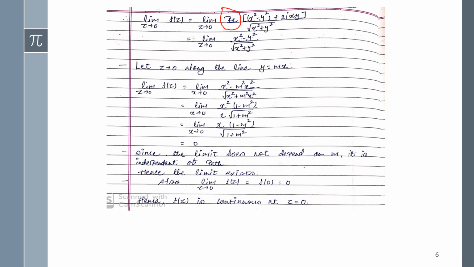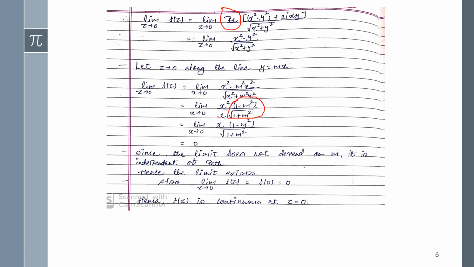And now here you can see that from the numerator x square will be common and from the denominator x will be common, right? Because here it's given a root of the whole function. So if we take it out of the root, then it will be x only. And the remaining term I have written here, that is 1 minus m square upon under root of 1 plus m square.